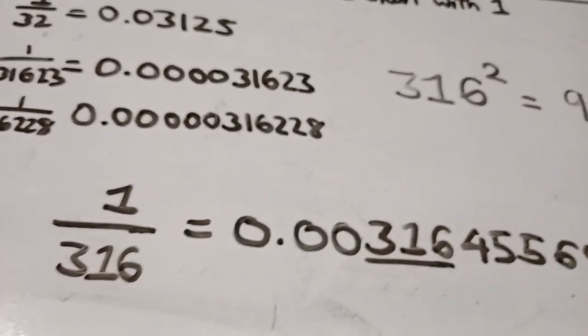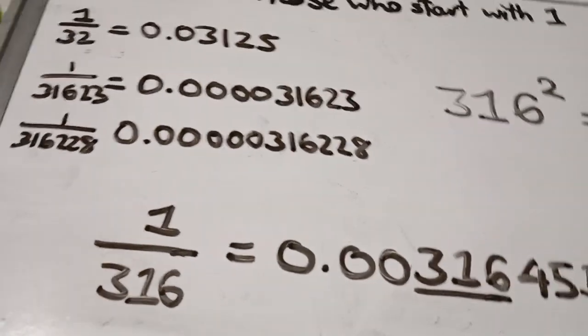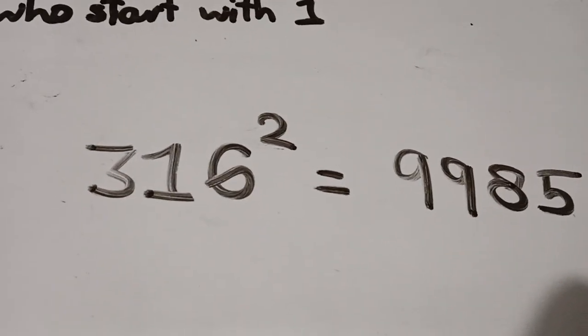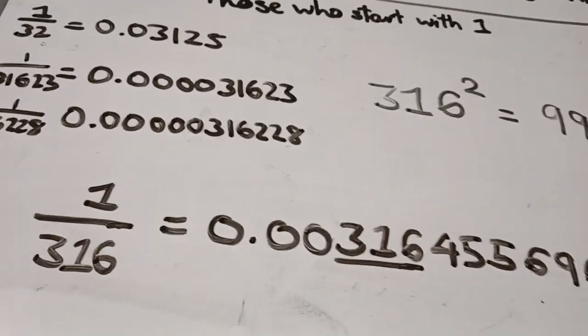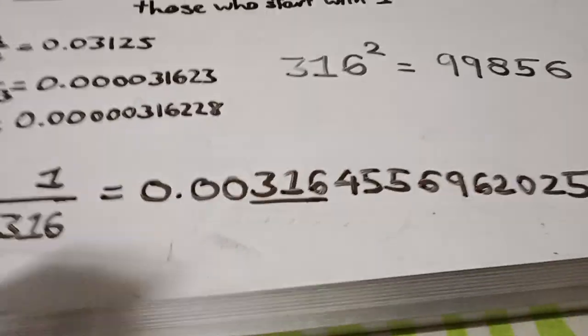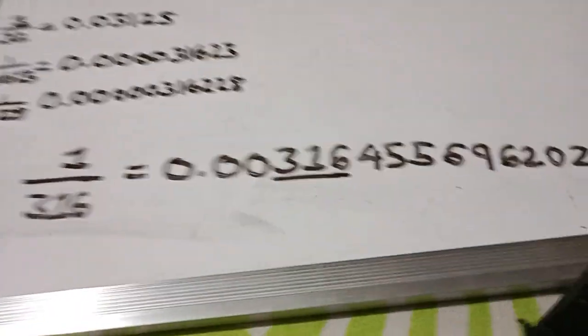So at 317 the real magic starts, because until 316 it's done, and even until 3162 squared. I don't know the 3162 one.